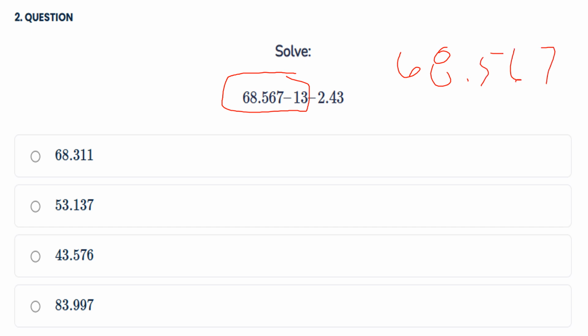68.567 minus, now when you're adding and subtracting decimals, you need to line the decimal point up. But 13 doesn't have a decimal on it just yet. So we know that the 1 is in the tens place. We know that the 3 is in the ones place. Then we can add a decimal point and then put zeros.